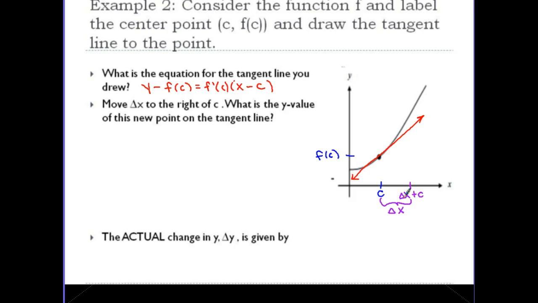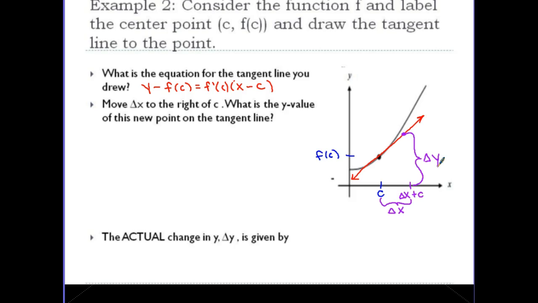What is the y value of this new point on the tangent line? So that means we're going to a point here. We're calling that distance delta y. How would you find delta y?